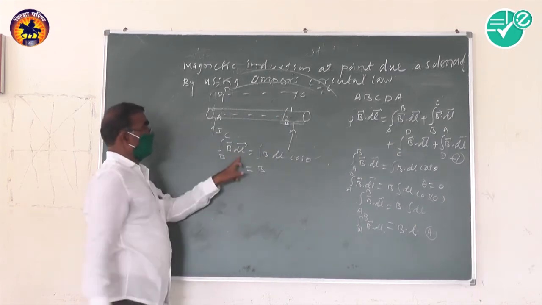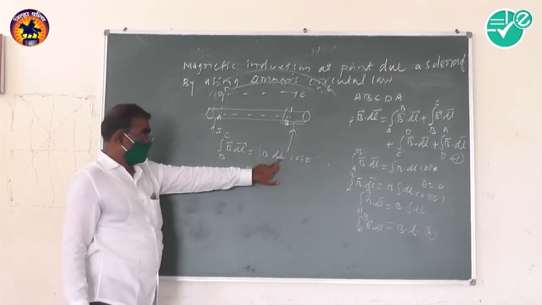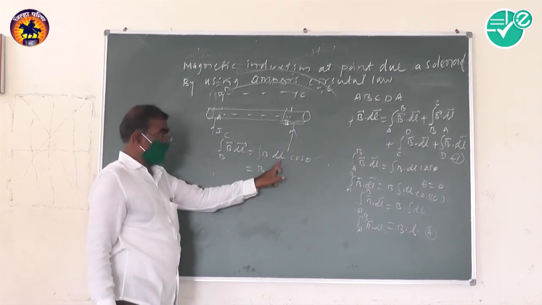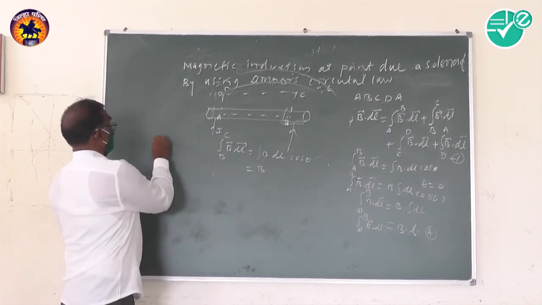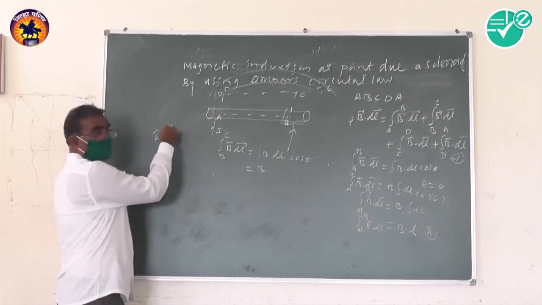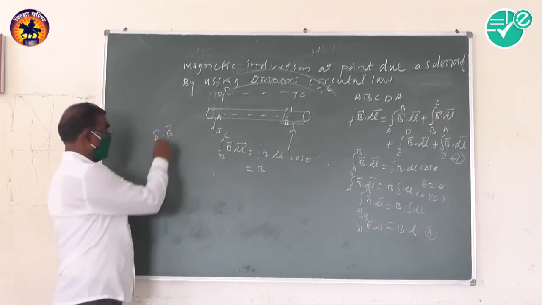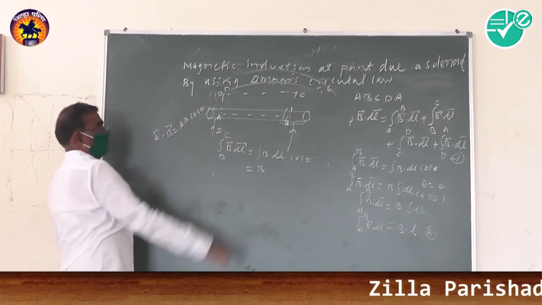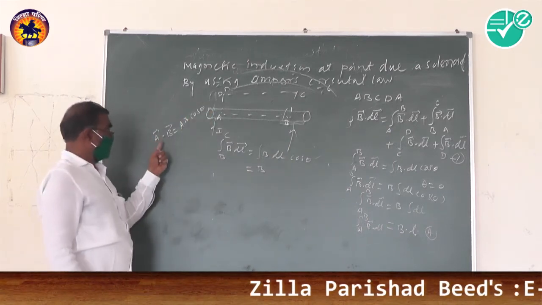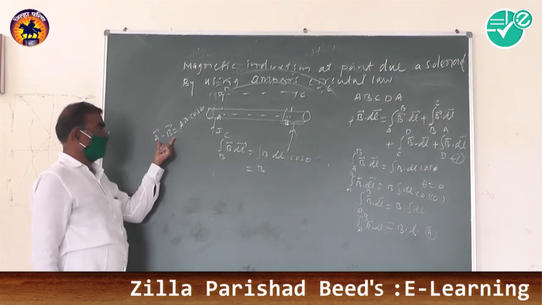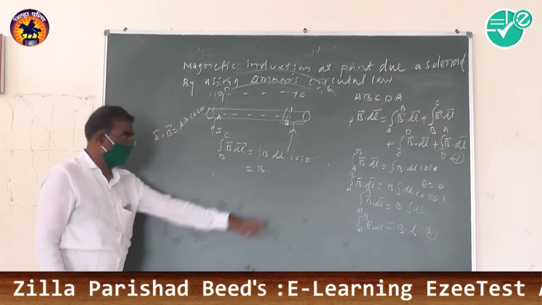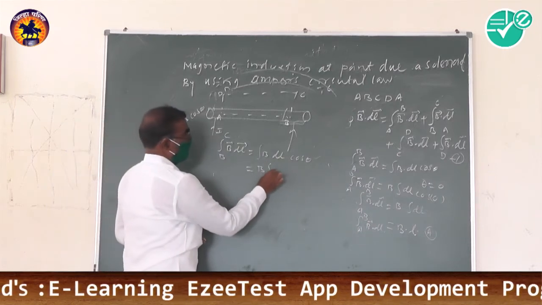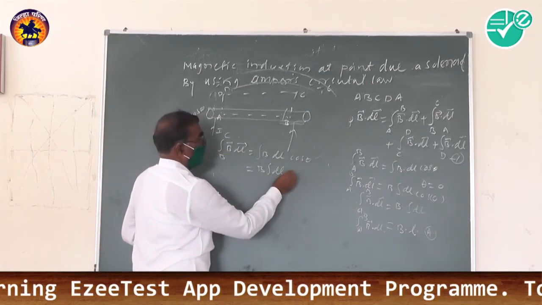That equation was written in vector form, and this equation is expressed in magnitude, because vector A dot vector B is equal to AB cos theta. The product of two vectors is a scalar quantity, that is, the scalar product of two vectors: B dl cos theta.